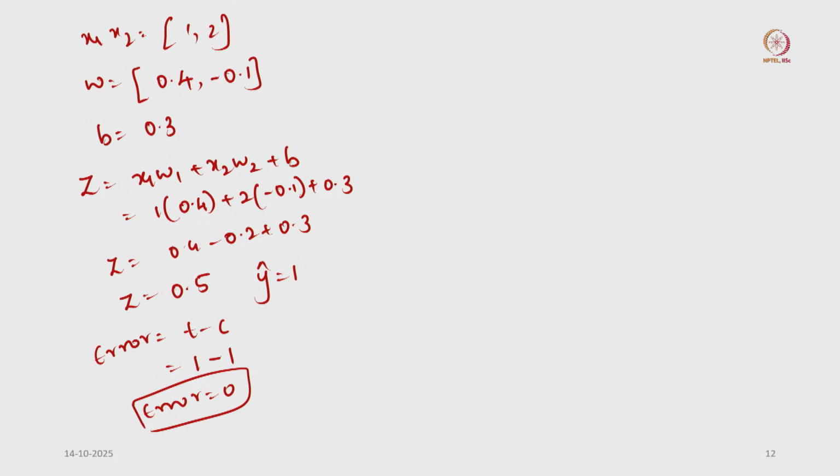Therefore, how does the final decision boundary look like? Our summation is W transpose X plus B, right. The final decision boundary by the end of training is x1 W1 plus x2 W2 plus bias.